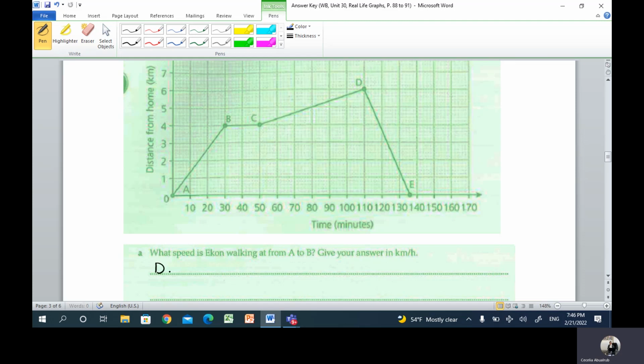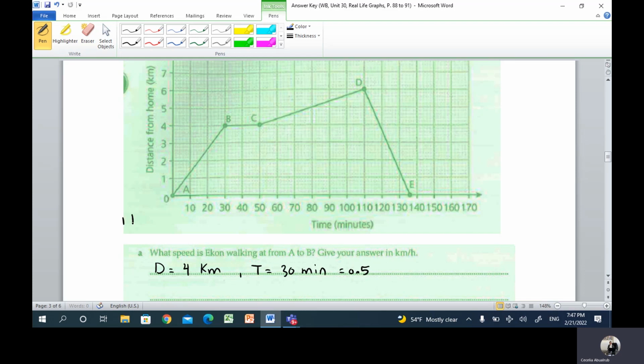The time is 30 minutes, which is equal to 0.5 hours. How do I know that it's 0.5?